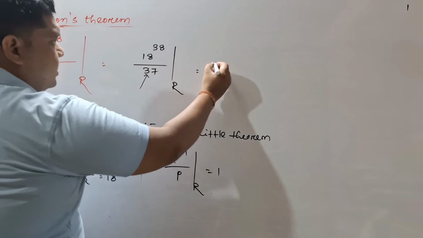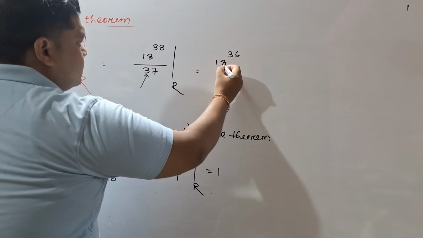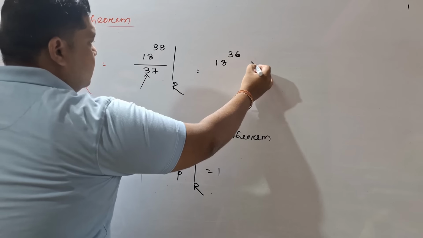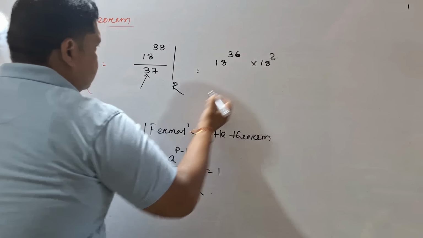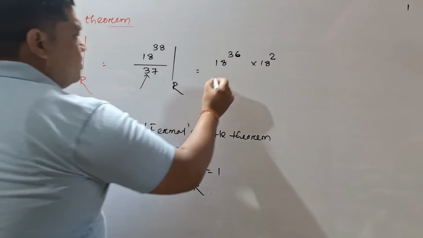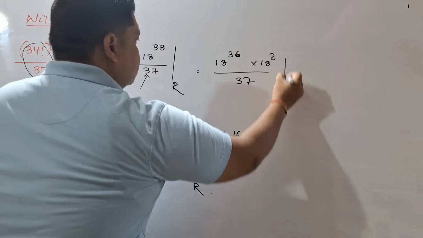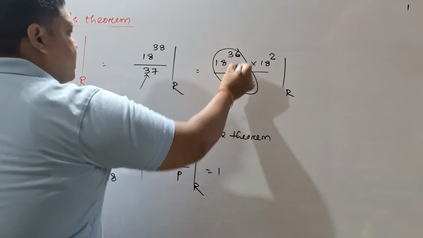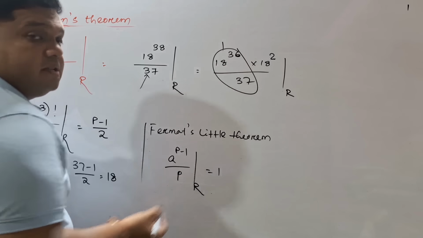So this can be written as 18 to the power 36, and I have to multiply by 18 square so that it becomes 38. For 18 to the power 36 divided by 37, applying Fermat's little theorem, the remainder is 1.